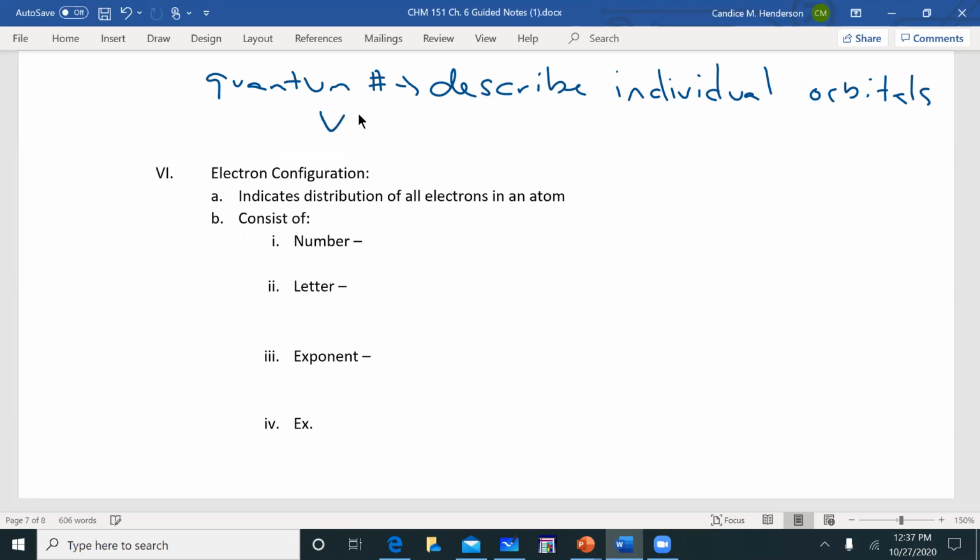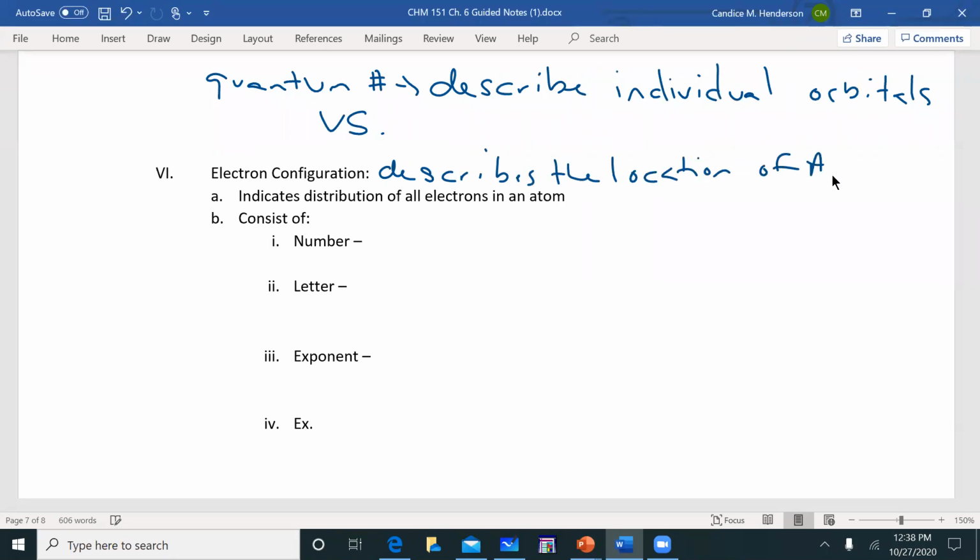Versus our electron configuration, which describes the location of all electrons.